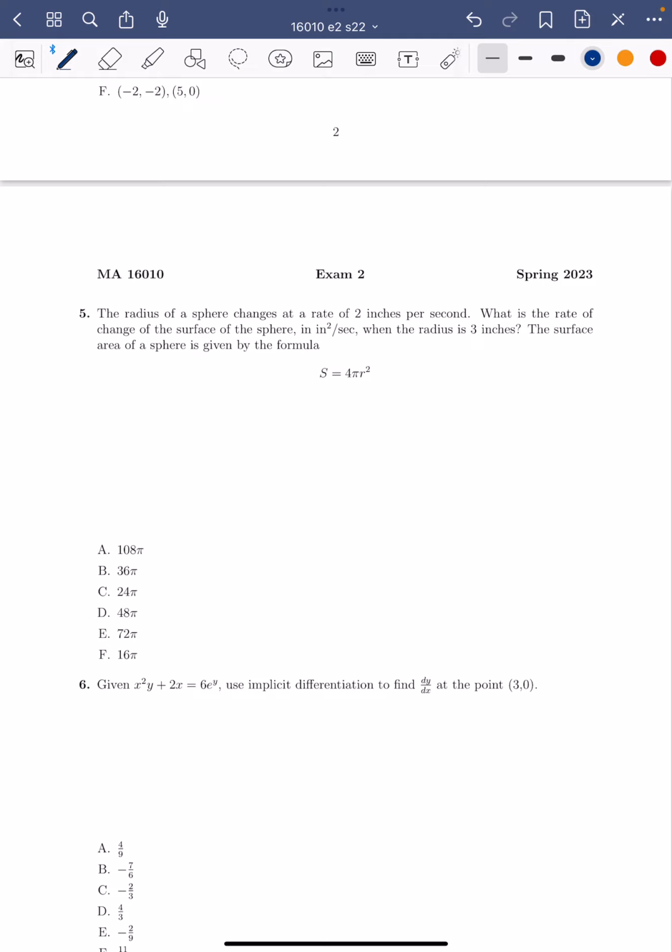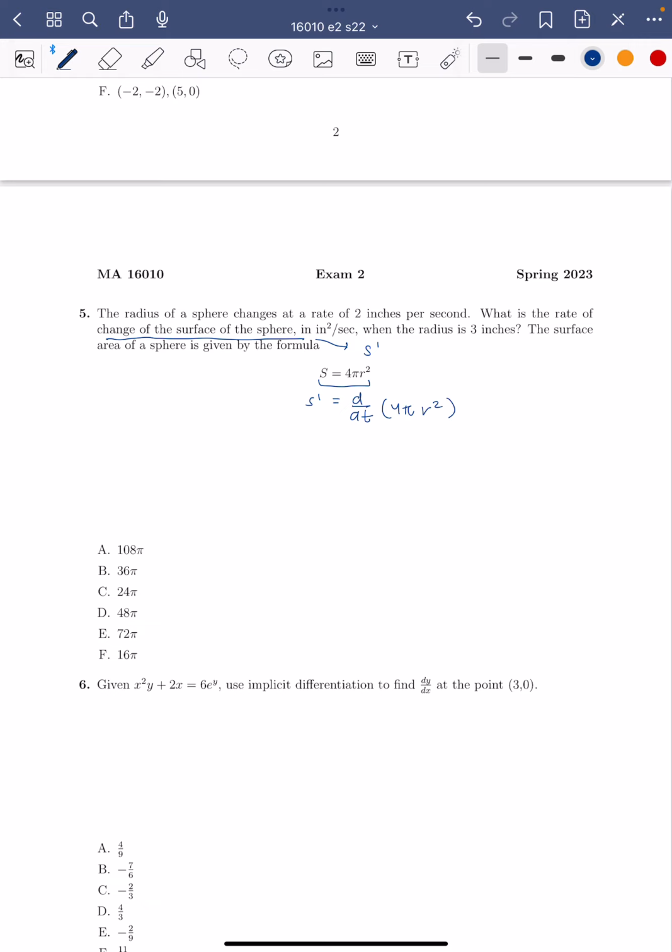They are asking for the rate of change of the surface of the sphere, which translates to S prime. So let's take the derivative of this. You would get S prime equals the derivative with respect to t of 4 pi r squared.